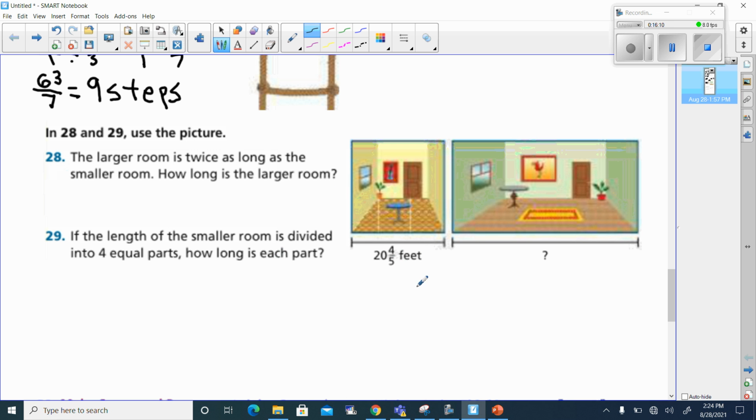Let's work it over here where we got some room. So 20 and 4/5 is 20 times 5, right? That's 100. And then 100 plus 4 gives me 104. So this is really 104 over 5.